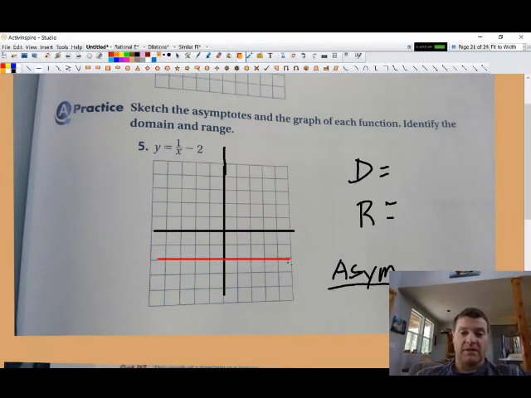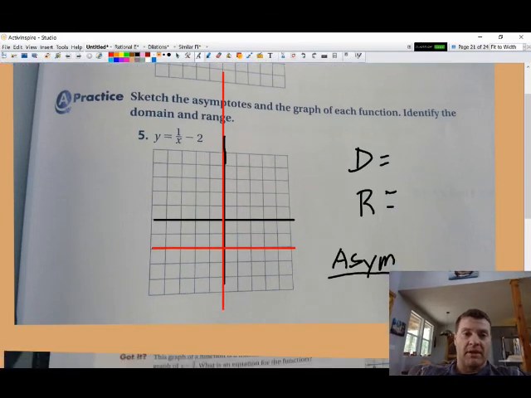So this down 2 is going to change my horizontal asymptote from y equals 0 to y equals -2, okay? And you can see that they didn't throw an h value in here, which means my vertical asymptote, or x equals something, is going to stay right there, okay? And my graph would now look something like this.